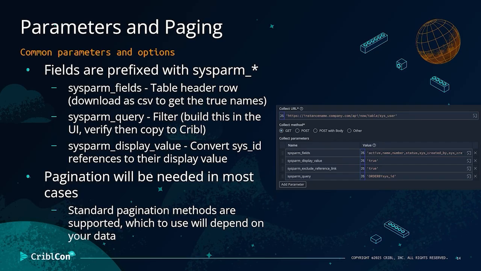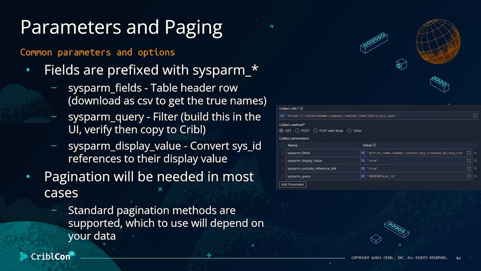And then the final one, there's one called sysparm display value. This is another lesson learned, that the ServiceNow tables can have references. So if you have a user, you don't want to put the user in every single table, basic database stuff. You have it as a reference to another table, your sysuser table. By default, that is going to come back as the ID of the row in the other table.